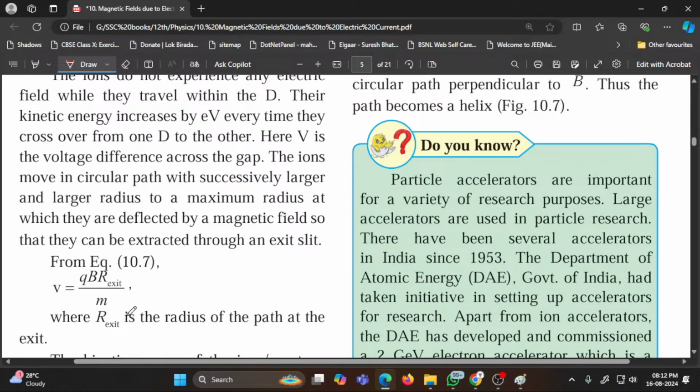Particle accelerators are important for a variety of research purposes. Large accelerators are used in practice for research. There have been several accelerators in India since 1953. The Department of Atomic Energy, Government of India had taken initiative in setting up accelerators for research.